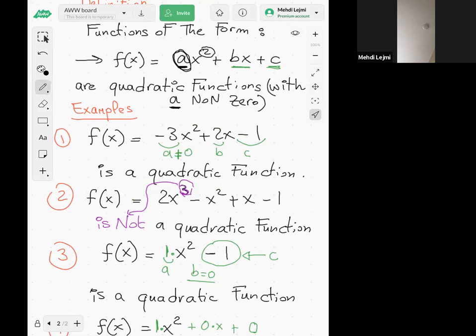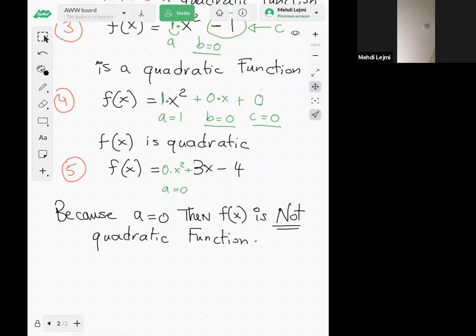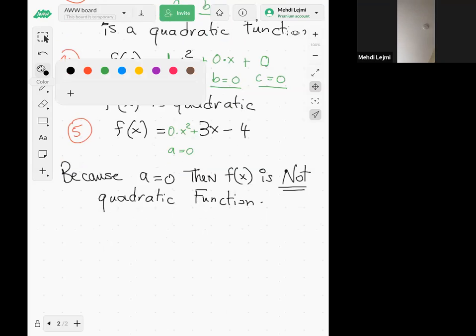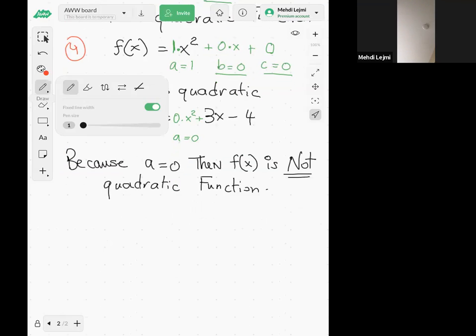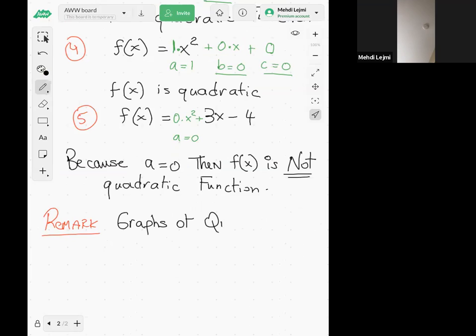Okay, if there are no questions, now let's move to the graph of quadratic functions. Graphs of quadratic functions are called parabolas. So, remark: graphs of quadratic functions are called parabolas.